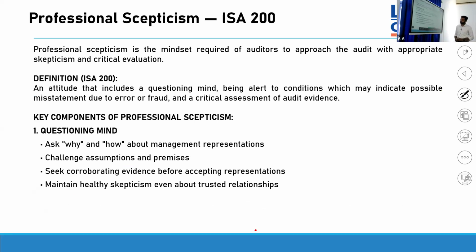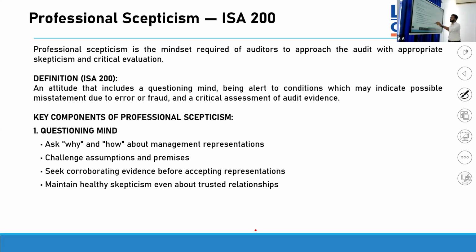Earlier we discussed it is the auditor's responsibility to apply professional skepticism and professional judgment. Okay. Let's see what is professional skepticism and what is professional judgment. In ISA 200, they have provided the definition for professional skepticism.